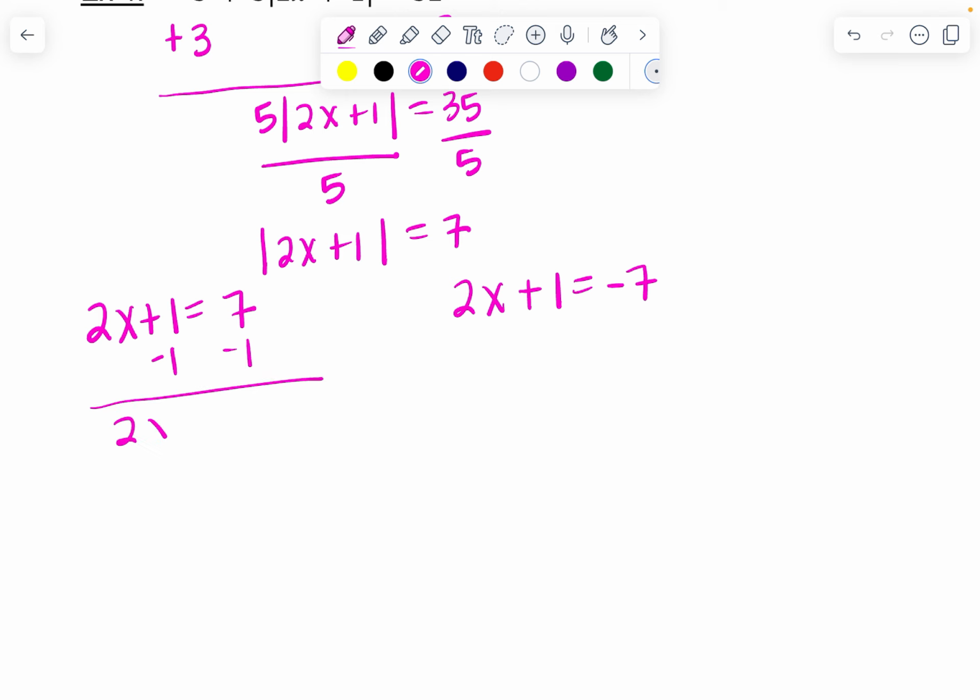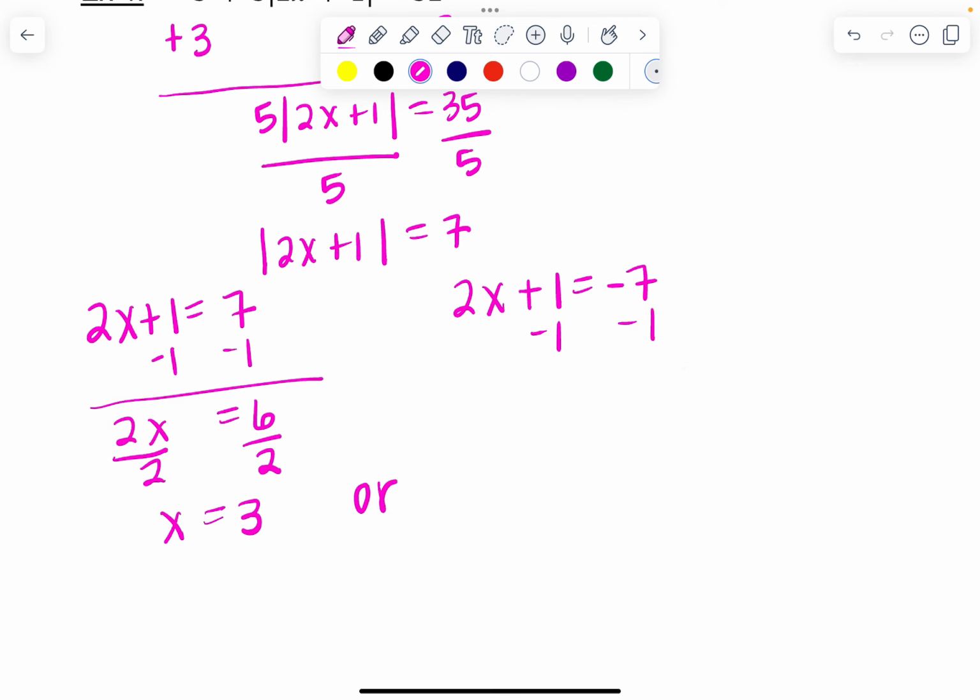So subtracting 1, we get 2x equals 6. Dividing by 2, we get x equals 3. Or subtracting 1, we get 2x equals -8. And then dividing by 2, we get x equals -4.